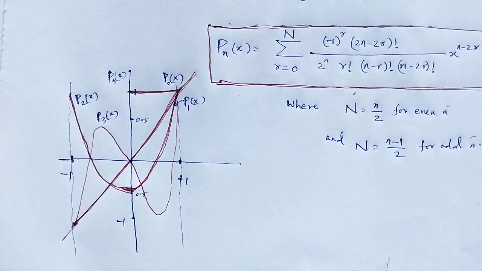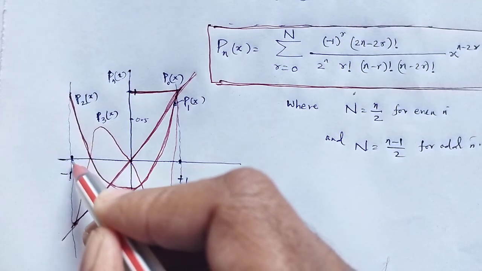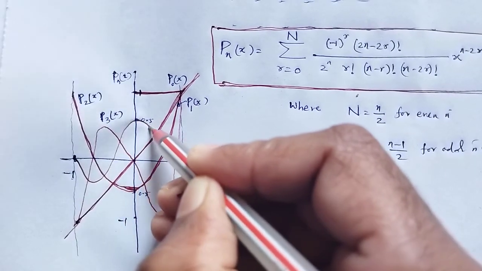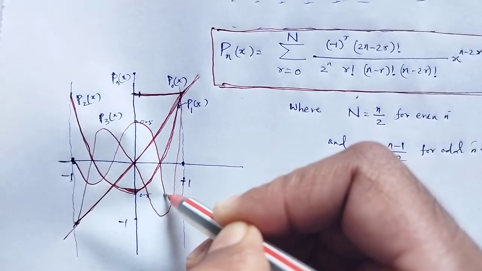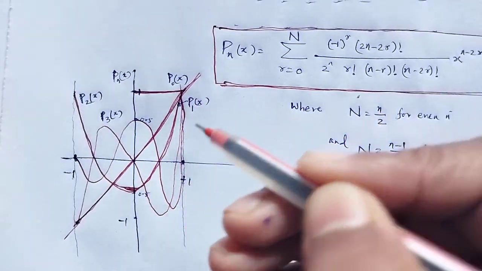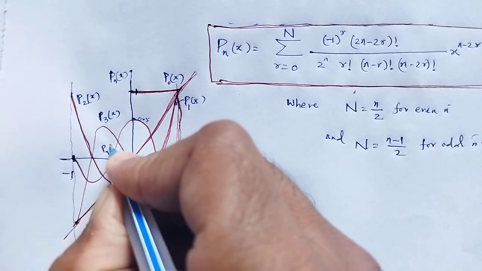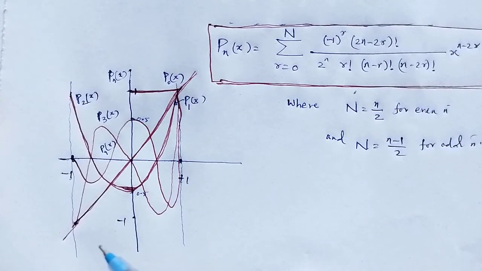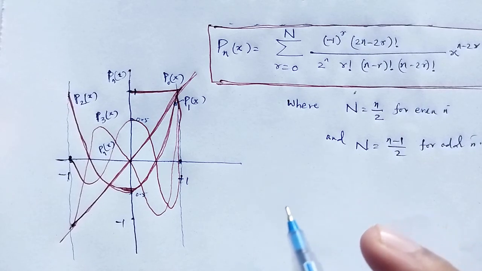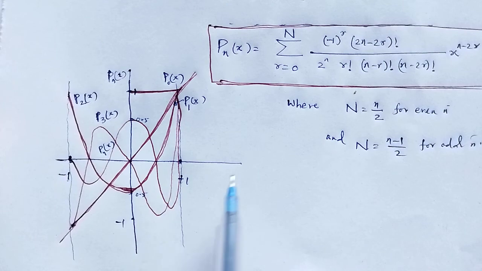Then P4x. This line is the P4x. This is a graphical representation of these Legendre polynomials P0, P1, P2, P3, P4 versus x.